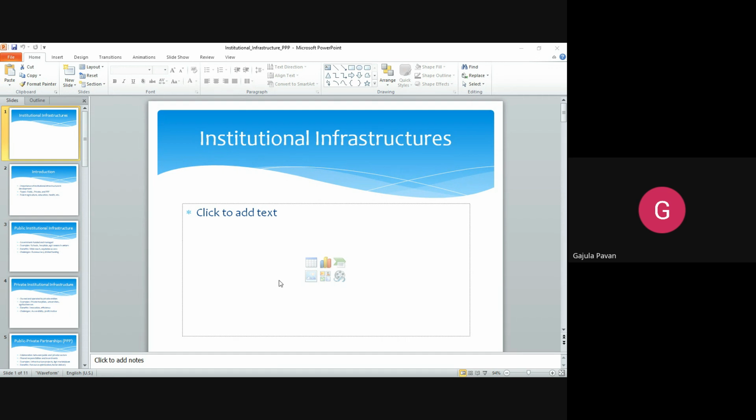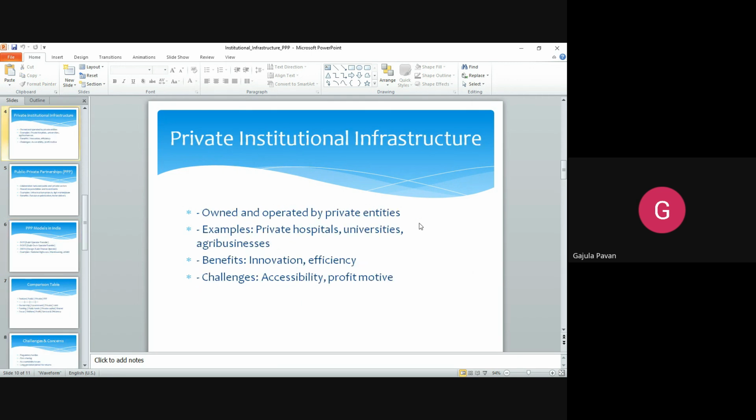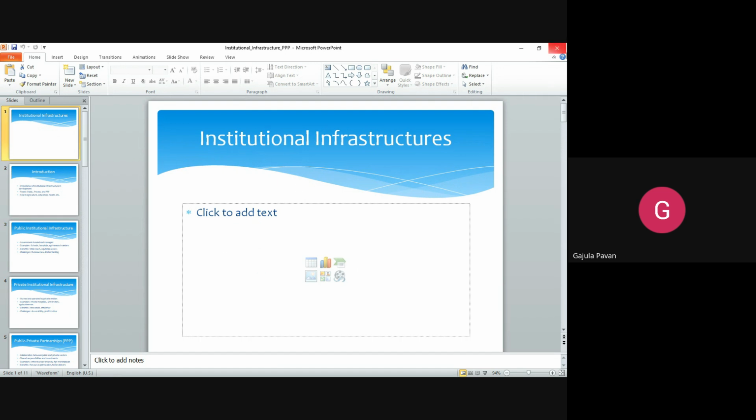So, institutional infrastructure is a very important key concept in the development of Indian agriculture. In the agriculture sector, there are very important initiatives. Who provides these initiatives? Sometimes the government provides them, but sometimes it cannot, so they are given to private individuals.